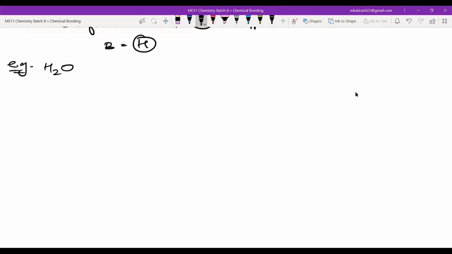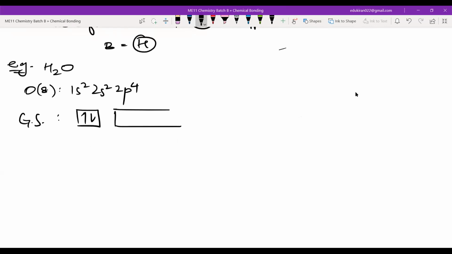Now this kind of drill you can also do. Oxygen, what is the atomic number for oxygen? 8. 1s2, 2s2, 2p4. The ground state will have the s subshell with 2 electrons, and the p subshell with 3 orbitals, holding 4 electrons. In H2O, oxygen is making 2 bonds. It has 2 unpaired electrons, so there is no promotion needed.